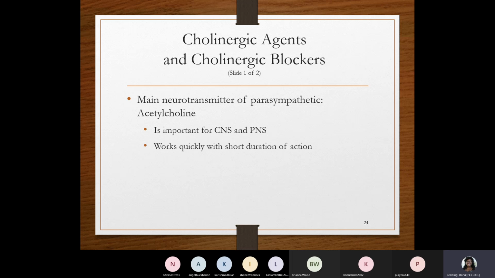Well, the main neurotransmitter of the parasympathetic system is acetylcholine. As a reminder, acetylcholine's abbreviation is ACH, and it works by being important for the central nervous system and the peripheral nervous system. Acetylcholine also works quickly with the short duration of action.